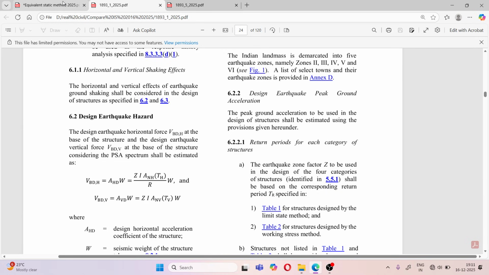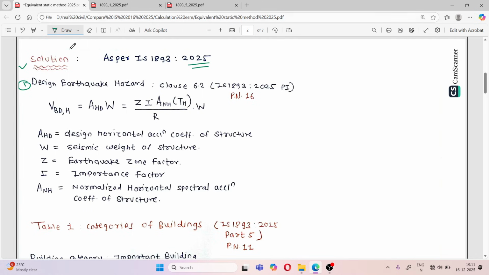I have written the same here. VBDH is equal to AHD into W, where AHD is Z I ANH upon R. So this is our AHD, the design horizontal acceleration coefficient of the structure.